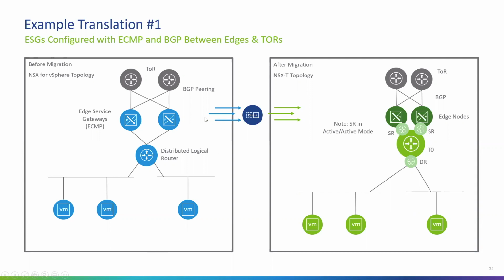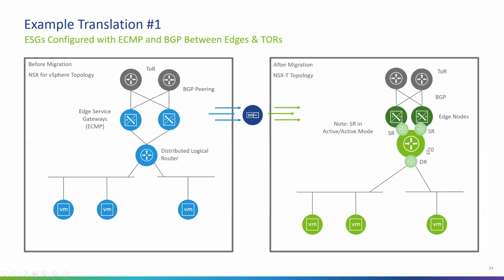And then from a Migration Coordinator standpoint, it would translate that to: we have our segments, as they're called, our overlay segments in NSX-T down here that our VMs are plugged into. We have a tier 0. So this is a tier 0 gateway, and it has service routing components that live in our edge nodes, very similar to our edge services gateways here.